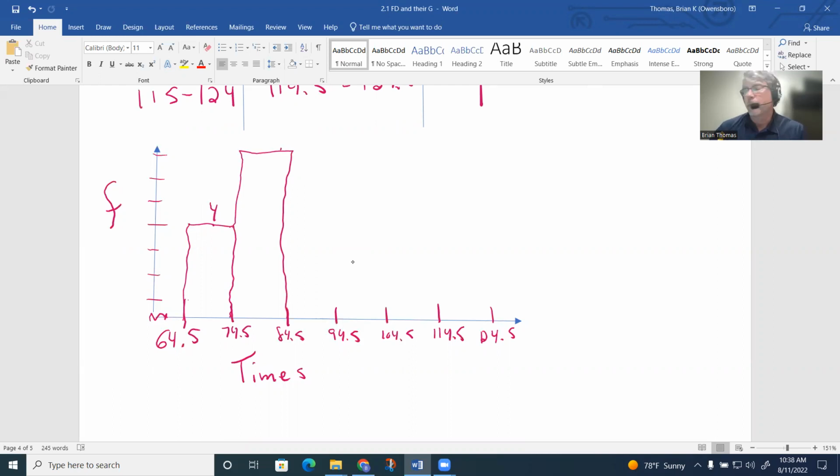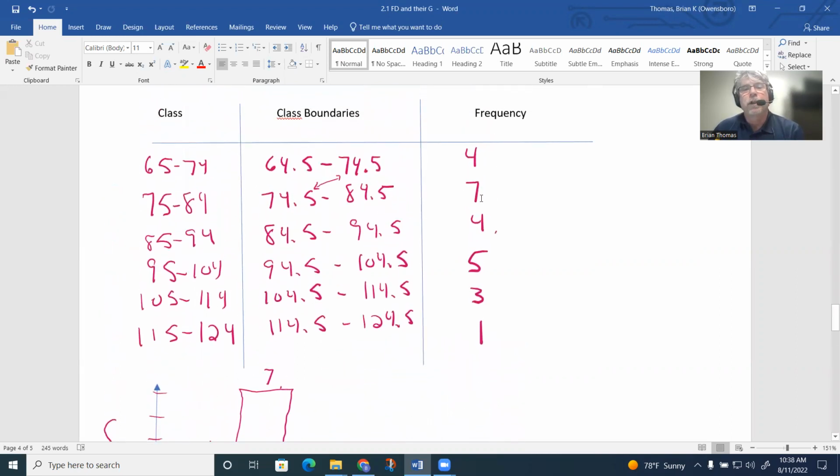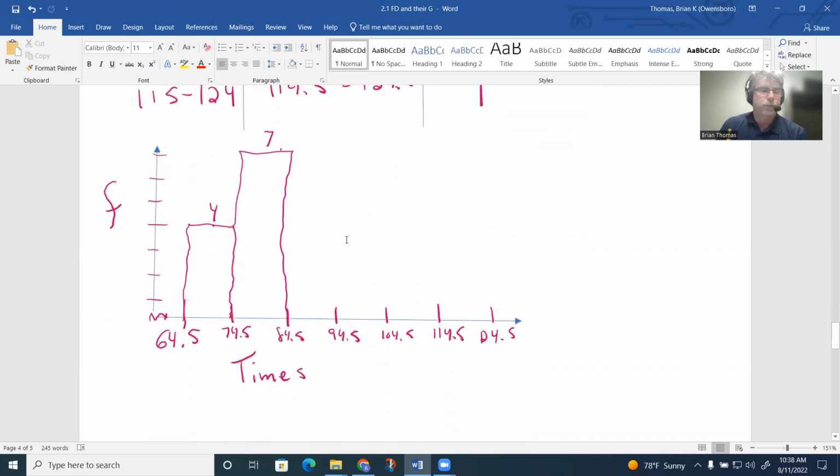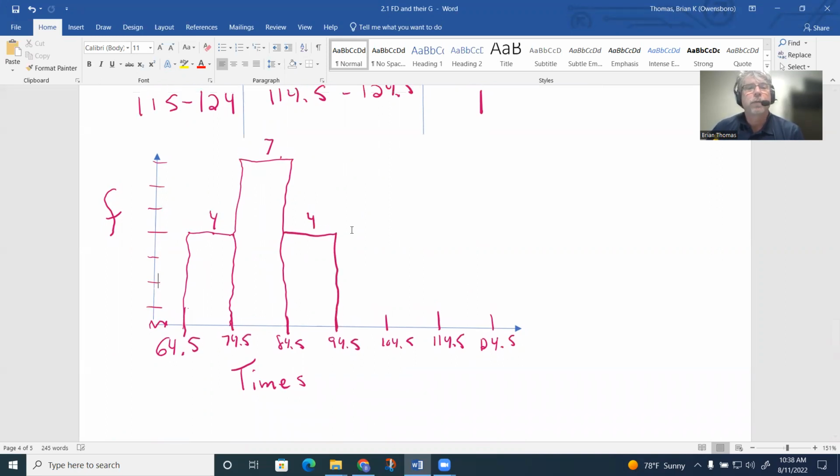That would be my next rectangle, 7 people with heart rates between 74.5 and 84.5. Then we had another 4, between 84.5 and 94.5. So I'm going to bring that across here, 4, and bring it on down. So that's that little rectangle.